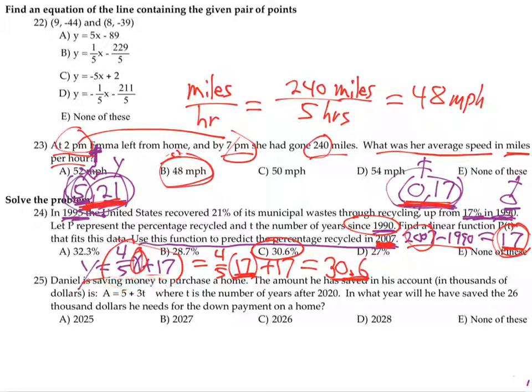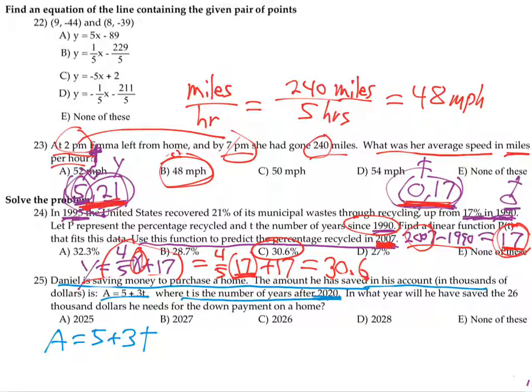If I can get this out of the way here. It says, Daniel is saving money to purchase a home. The amount he has saved is, there it is, so that's the amount he has saved, 5 plus 3t, where t is the number of years after 2020. So here the starting time is 2020, the year 2020.